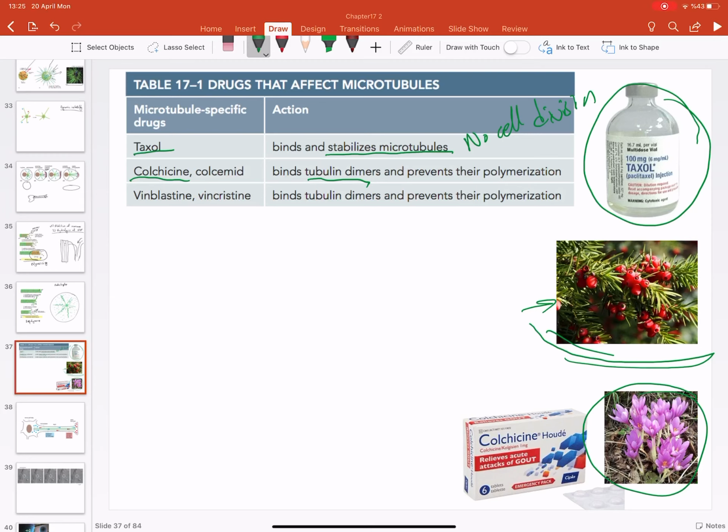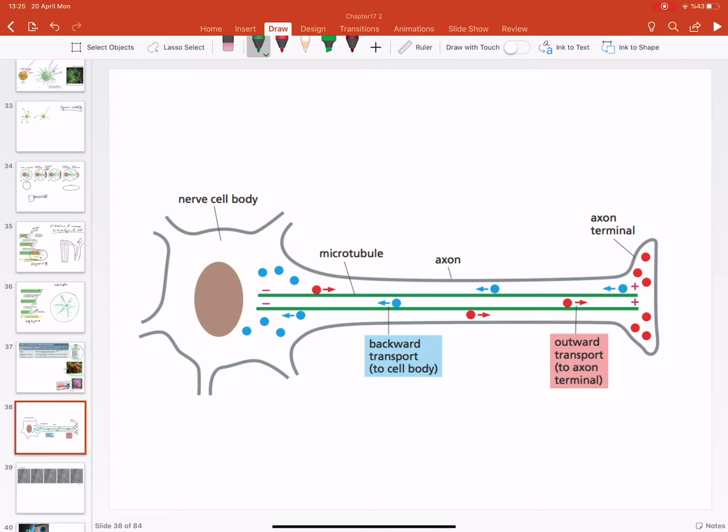Okay. The nicest thing about the microtubule is they can be used for transportation. Why? Because their minus end is stuck, it is fixed on the centrosome, and the plus end growing this way, so it's all plus, and here.